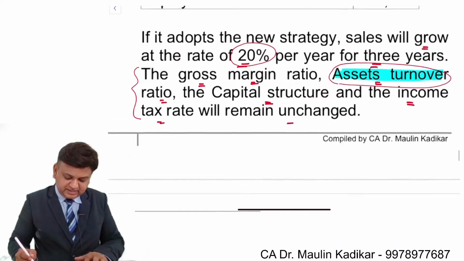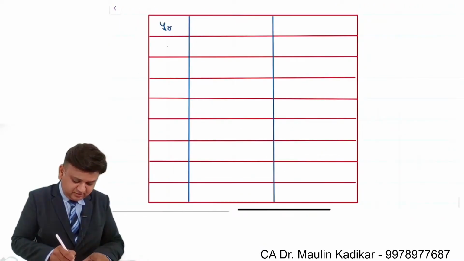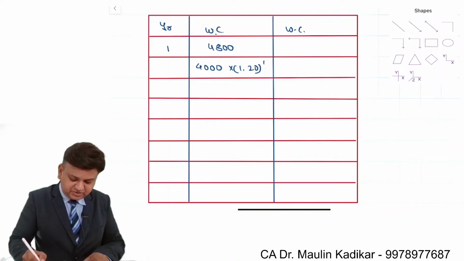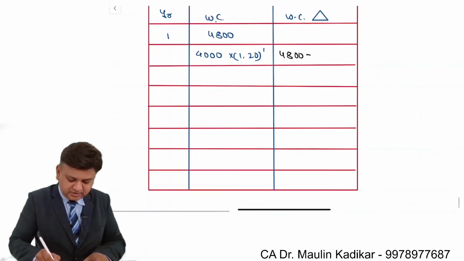What is the working capital? Right now that we have it is 4,000. So we understand it is year 1. Working capital will increase to 4,000 into 1.20 raised to 1, that is 4,800. So working capital change, in that case, it is 4,800 minus 4,000. That comes to 800.